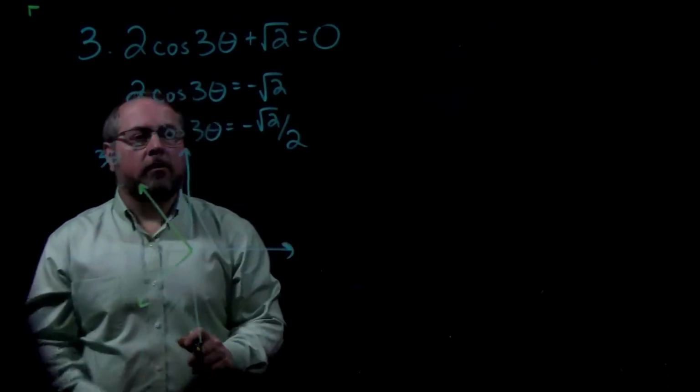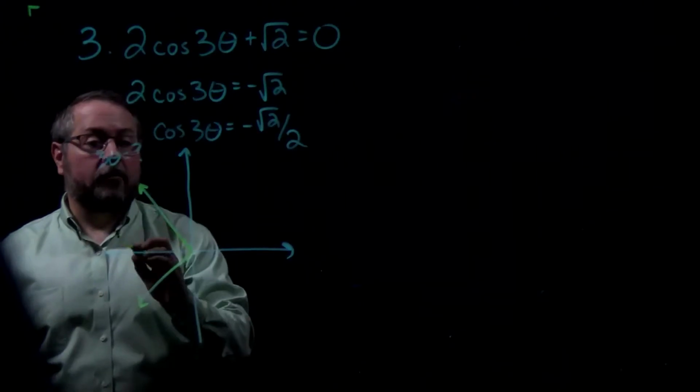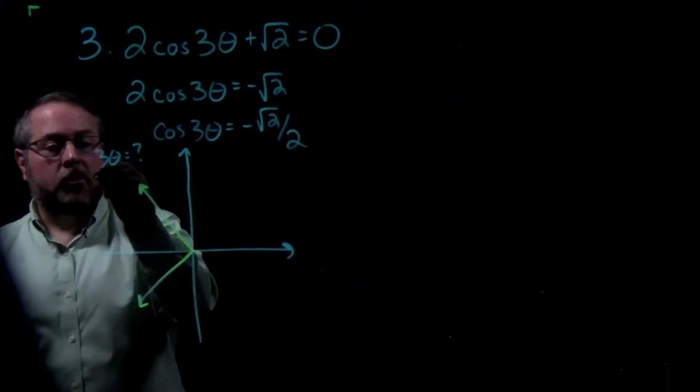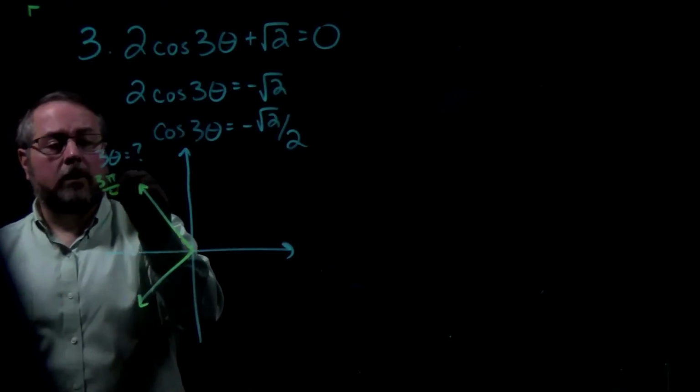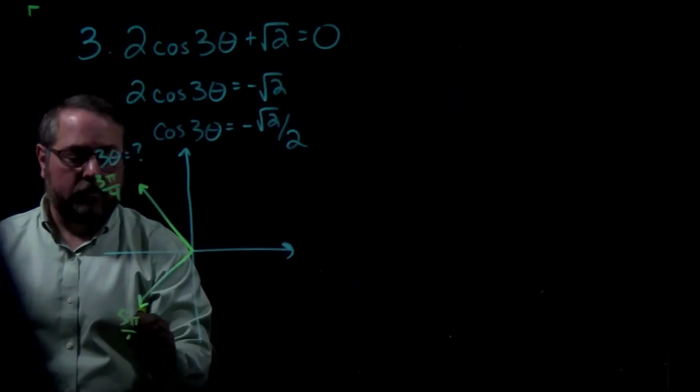Cosine is negative square root of 2 over 2, which means we have a reference angle of pi over 4. So in the second quadrant, we'd have to be coterminal with 3 pi over 4. In the third quadrant, we would be coterminal with 5 pi over 4.